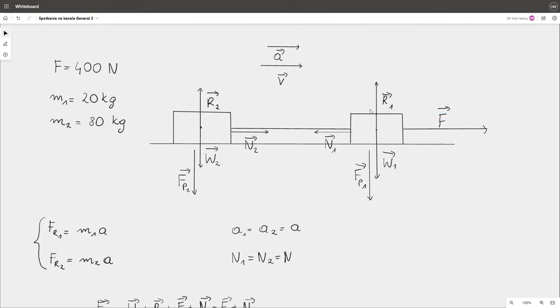In vertical direction, we have weight W2, W1 and reaction forces R1, R2 and pressure forces FP1, FP2, here and here.